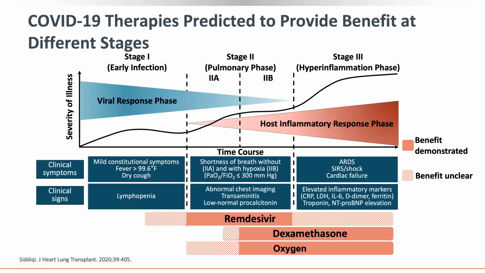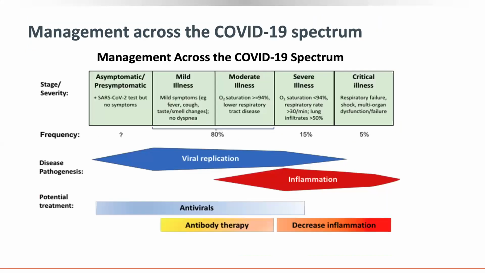And again, we remind ourselves with this slide on when we can use some of these drugs. It's stage 2, which you are worried about in the pulmonary phase, where you can use remdesivir, but also the steroids you can use during this time. Then you can use oxygen throughout this period, especially when you have the inflammatory response going on.